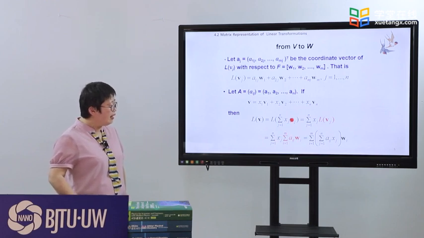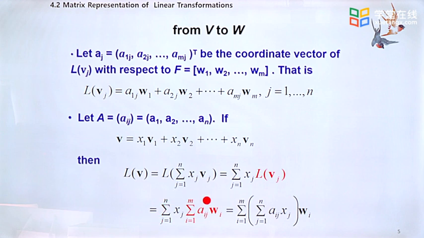And because they are finite sums, we can change the order of summation. Here we put i varies from 1 to m first, and here this relates to j, j varies from 1 to n. We change the order of these two summations, and this one times wi.